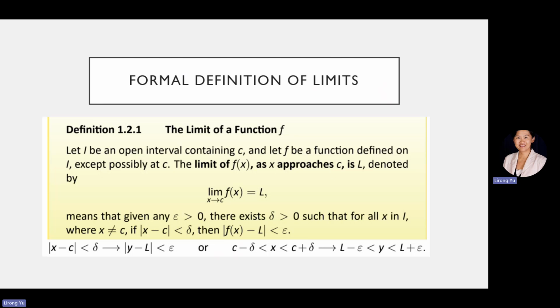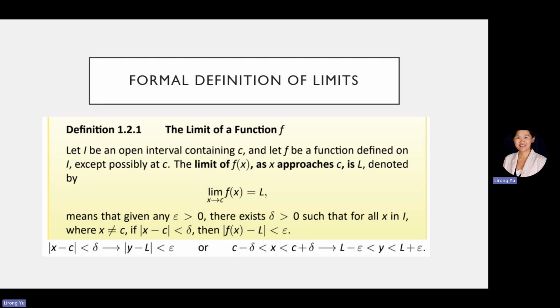Meaning that you have the task, if you want to prove this limit, of finding out what that delta is supposed to be. Then whenever the difference between x and c is less than delta, you will find that f(x) minus L has a distance less than epsilon. So let's work it out to make the notation shorter.